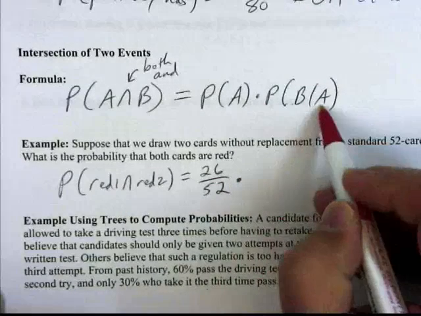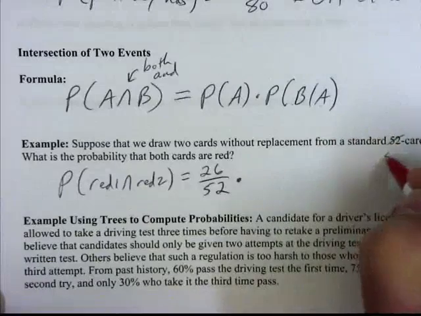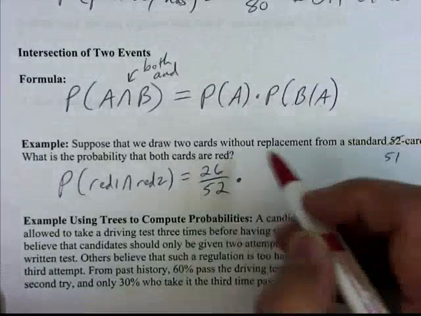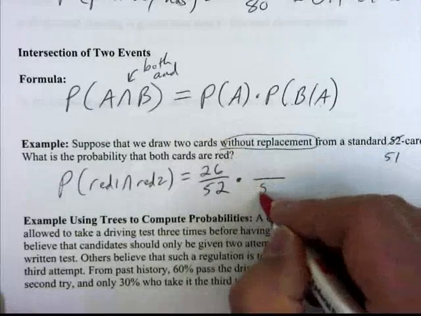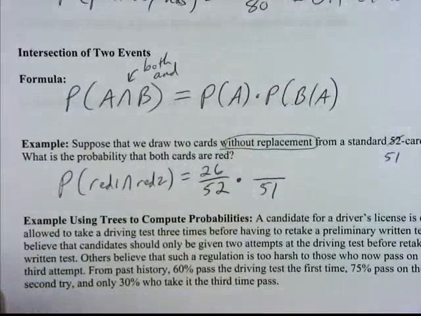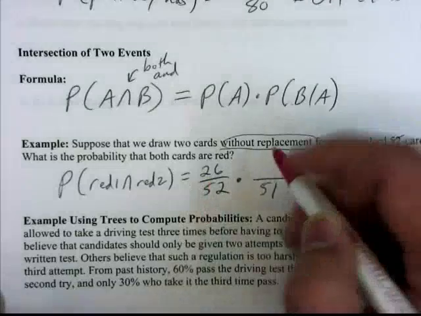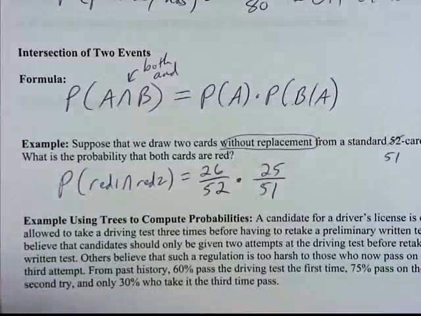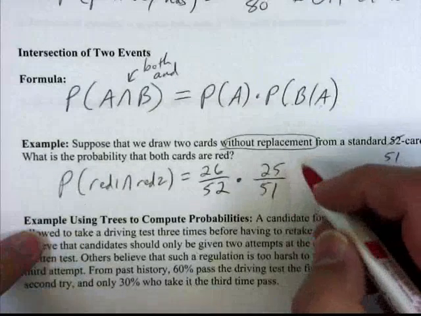Times, once that first red has occurred, now instead of 52 cards we're down to 51 cards, because we are doing this without replacement. So our sample space is now 51 cards. And of those 51 cards, we already pulled out one red, so there were 26, now there are 25 reds. And then we can just go ahead and multiply that.